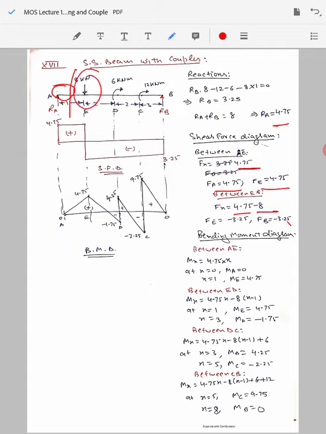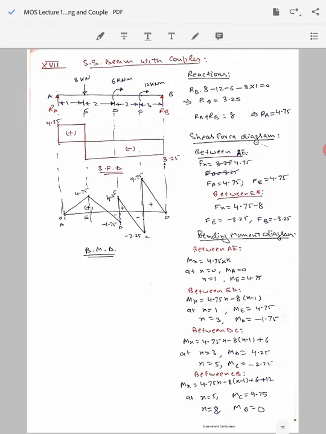So 4.75 minus 8 gives us the FE and FB value, or the value between E and B, as constant at minus 3.25 kilonewton, which you can draw here. So you start from point A at 4.75, up to point E it is 4.75, then at point E it drops to minus 3.25, so you have a drop here, and then you go on with 3.25 up to the point B here.